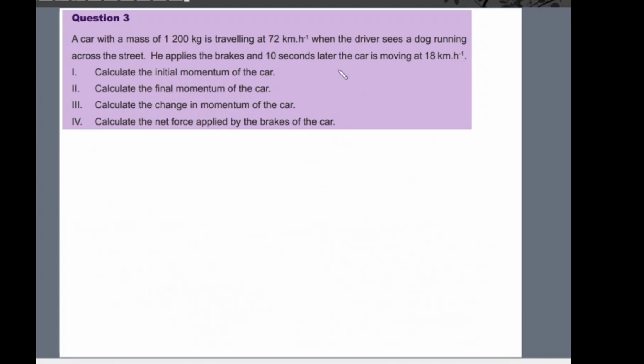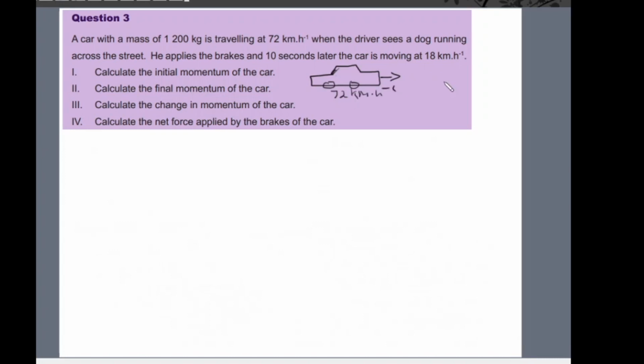So we have a car. Let's say it's moving towards the right maybe, and then it's moving at 72 kilometers per hour, right?